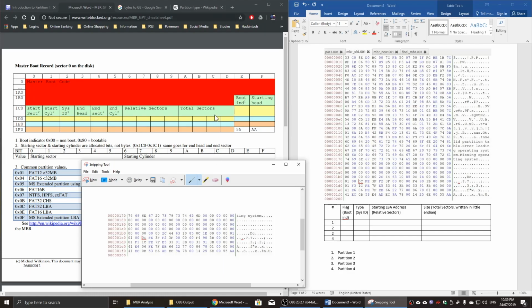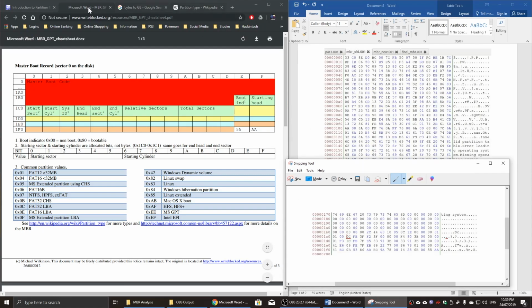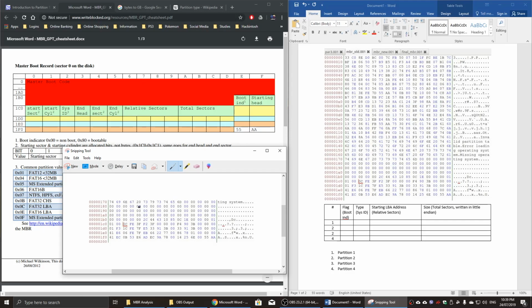That's what we want, because this template that we are going to be using is provided by this person, and you can find it at this website. I'll also leave all these tabs of information in the description below so that you can access it when you're performing your analysis.